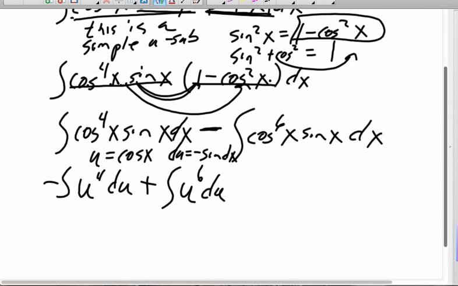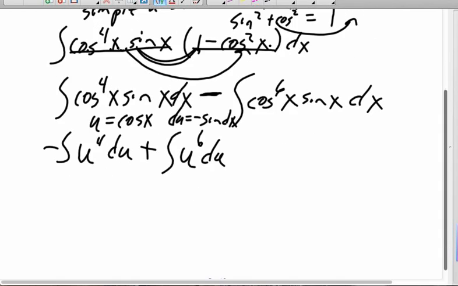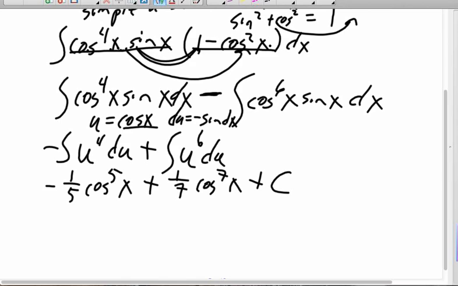And this is just a nice, simple little power rule problem at this point. So I'm going to end up with a negative 1/5, u is cosine, so cosine to the fifth of x, plus 1/7 cosine to the seventh of x plus c, and there's my integral.